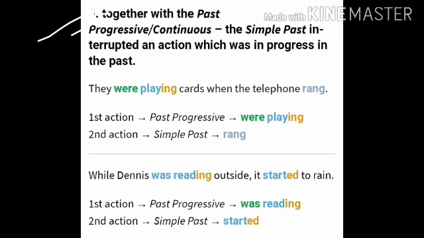Similarly, in the next example, Dennis was reading, the work was already in progress but it was interrupted as it started raining. So past progressive, was reading, is the first action and simple past, started, is the second action.